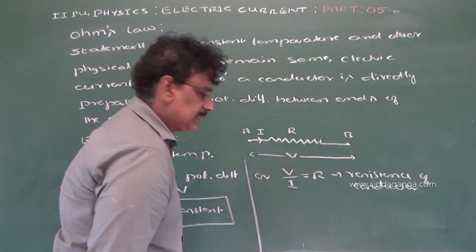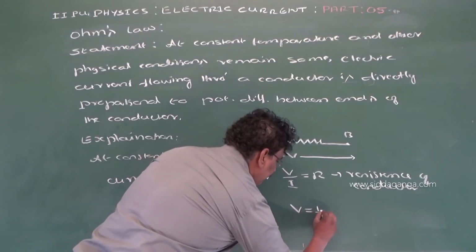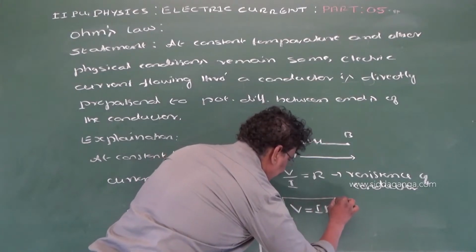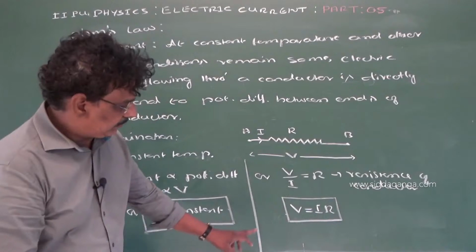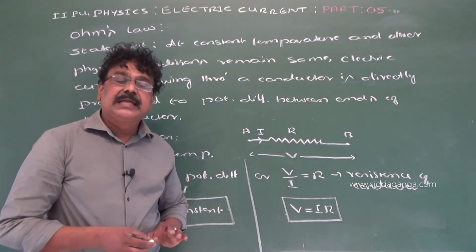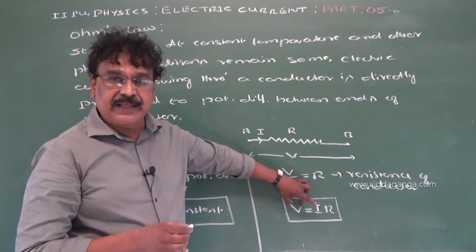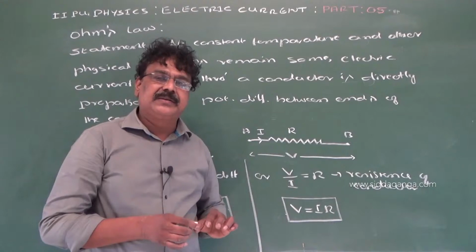Or from this equation we can write V is equal to IR, right? This equation gives the relation between potential difference, current and resistance.